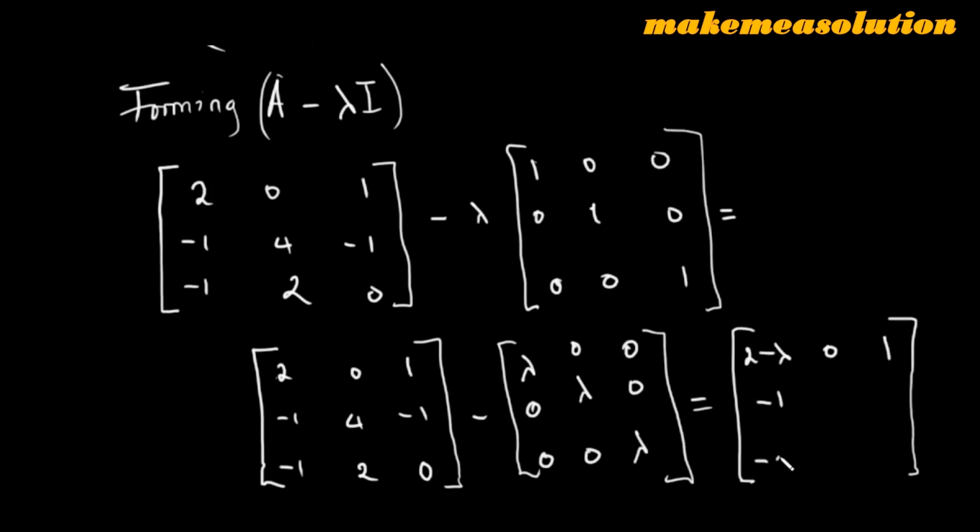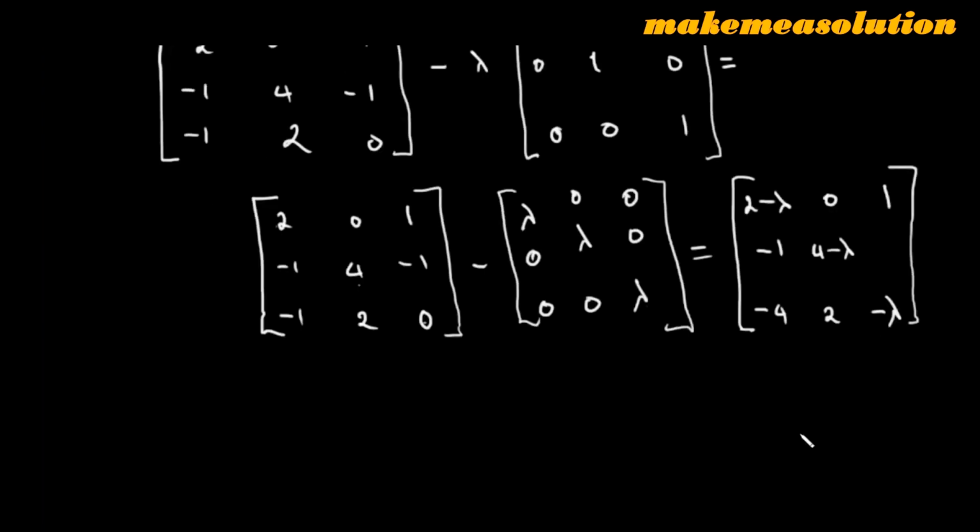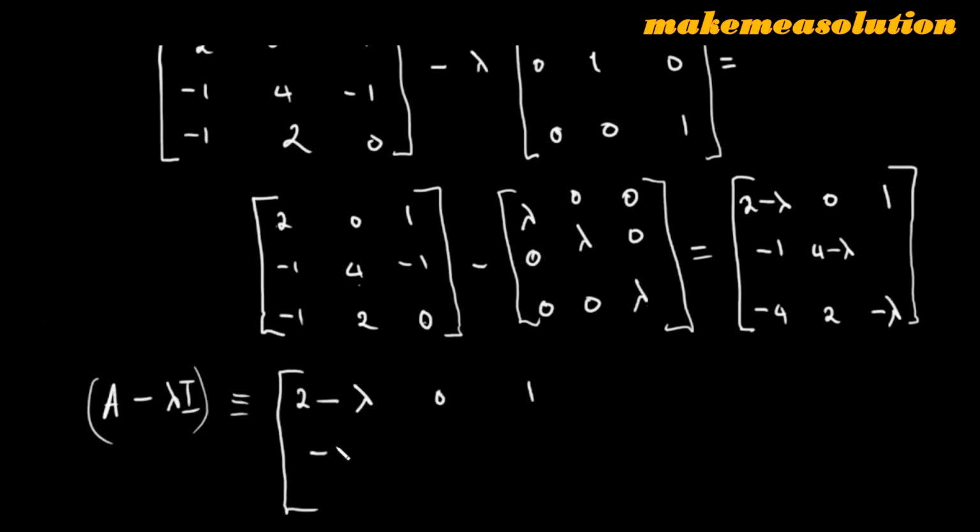Instead of 4 we have 4 − λ, and 0 − λ is −λ. So A − λI corresponds to this matrix: 2 − λ, 0, 1, then −1, 4 − λ, −1, then −1, 2, −λ. So this is our new matrix.